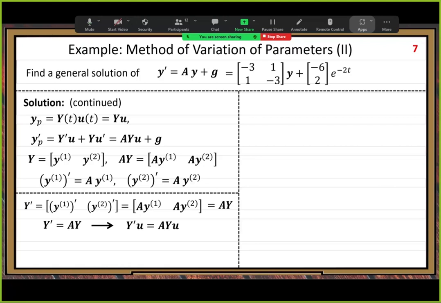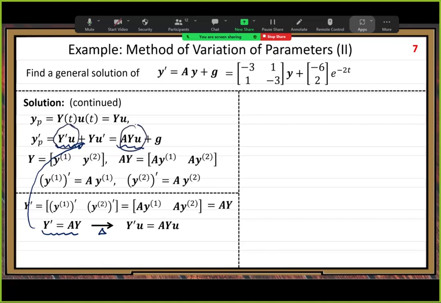The next step is how to do this deduction. If you go back to this equation, you compare these two terms: the Y prime part and the AY part are the same, then you multiply by the same u.